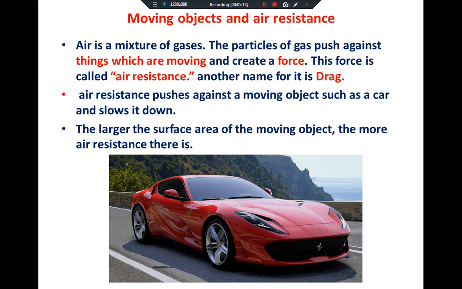Air resistance pushes against a moving object, such as a car, and slows it down. So, the larger the surface area of the moving object, the more air resistance there is. The picture in front of you is a sports car. This sports car will go faster than a bus. It can go faster than any other type of sedan, which is actually a family car. Why is it going faster?